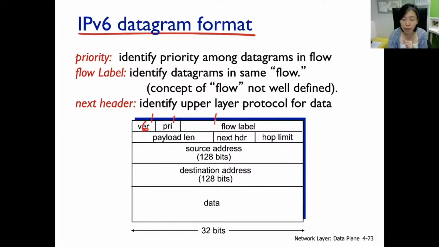Priority and flow label. These two are new. The flow label allows us to group a specific set of packets together. Coming from one application, one service, they could be carrying flow ID 1, and other packets from other services, flow ID 2.